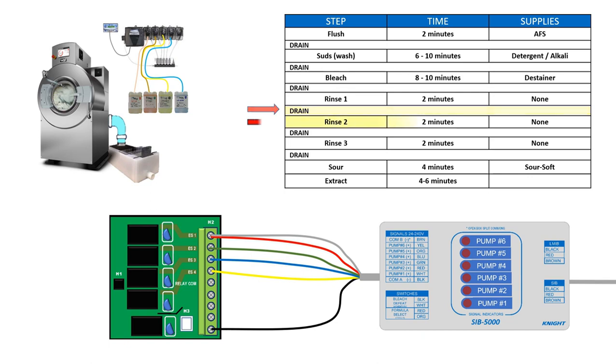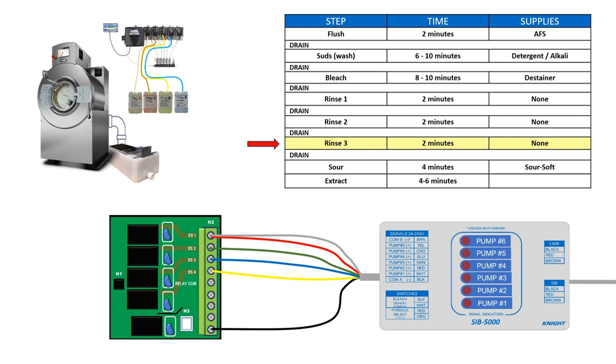When the drain closes, we go into rinse 2, again removing any residual soils and also rinsing down the chemistry to remove it from the linen. At the end of the rinse, the drain will open back up and clear the washer. When the drain closes, we go into rinse 3.